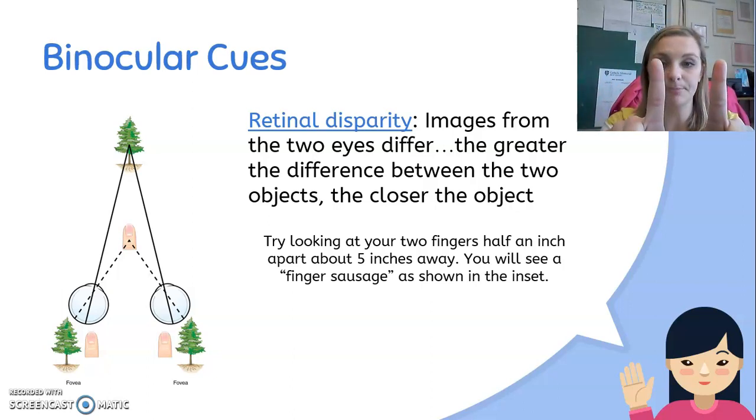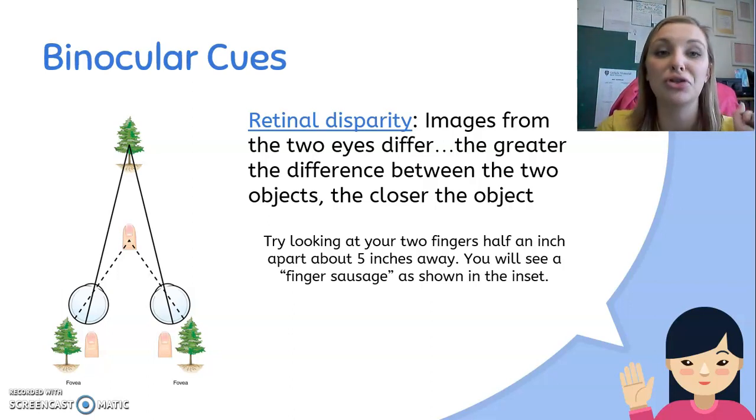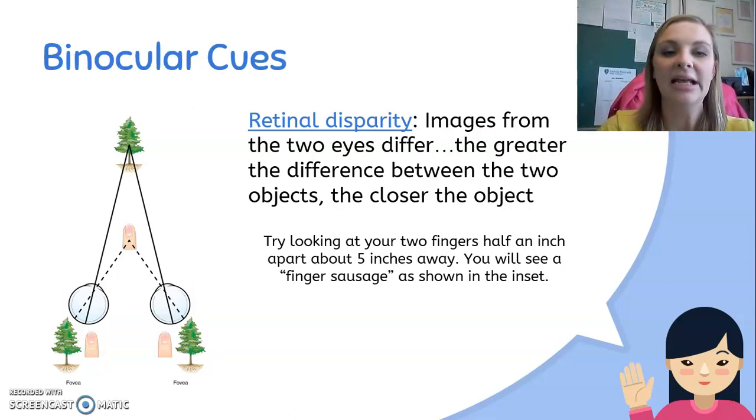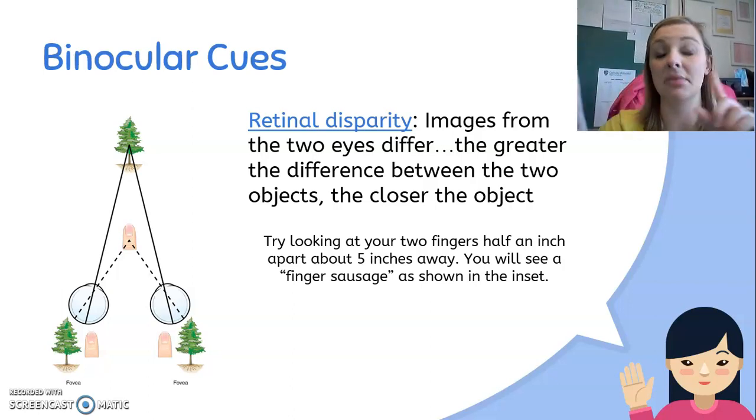So go like this. And if you put them about 5 inches away from you, you are going to start to see a finger sausage when they converge, right? We'll try it in class together. It'll be a little bit easier for you to determine. But this is the idea of retinal disparity, that our two eyes see something slightly different.